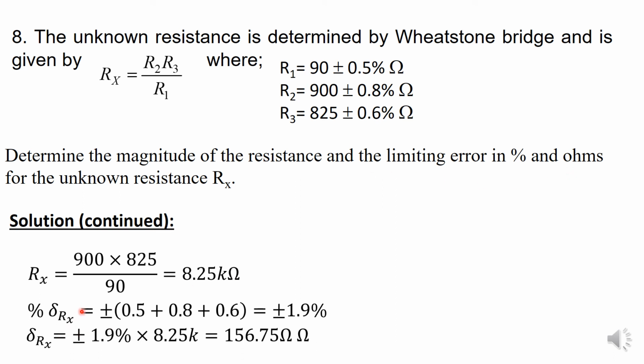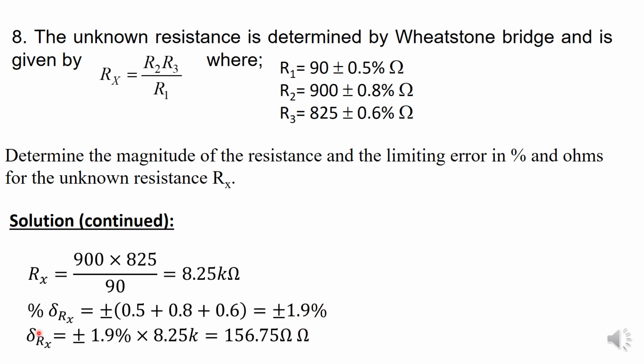Limiting error in percent and ohm. Since the limiting errors in percentage for R1, R2 and R3 are given, we just add all the errors because the relationship is division and multiplication. 0.5 plus 0.8 plus 0.6, we get plus minus 1.9%.